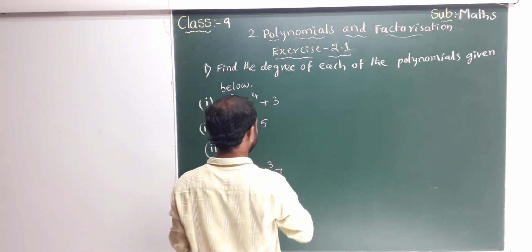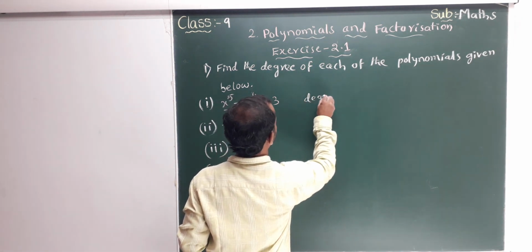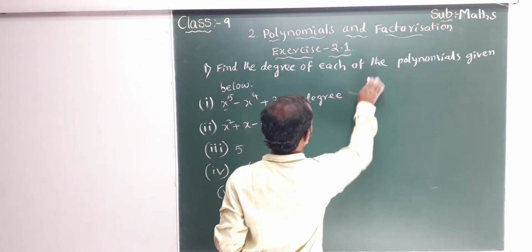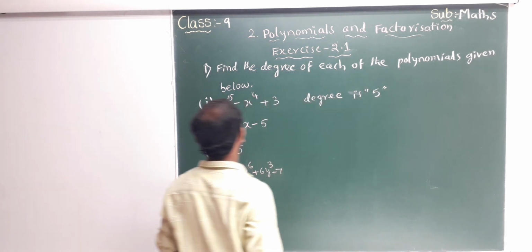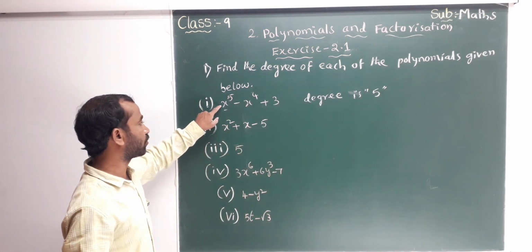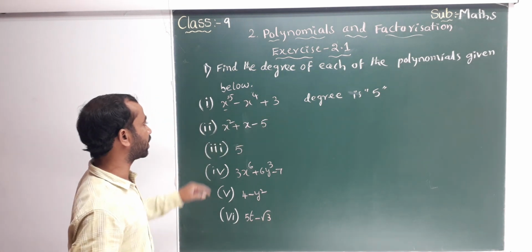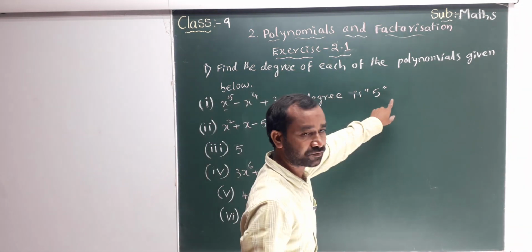The highest power is 5, so the degree of the given polynomial is 5.